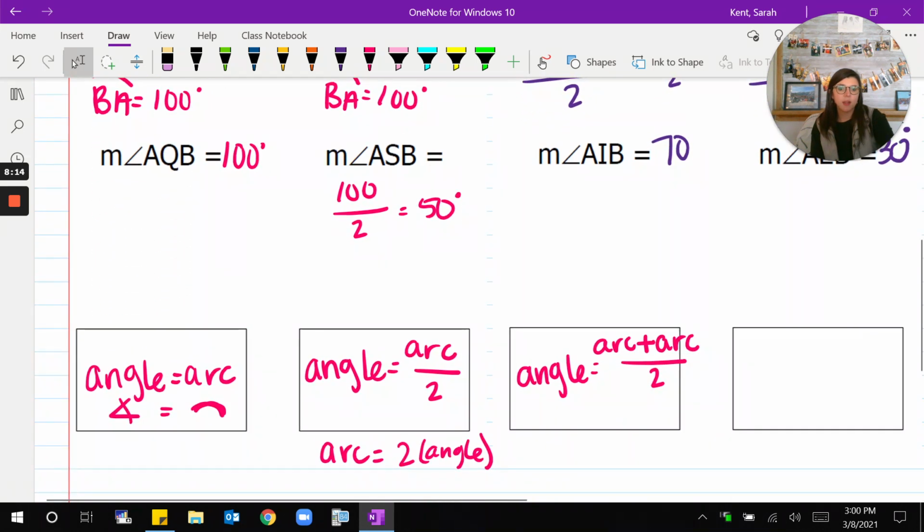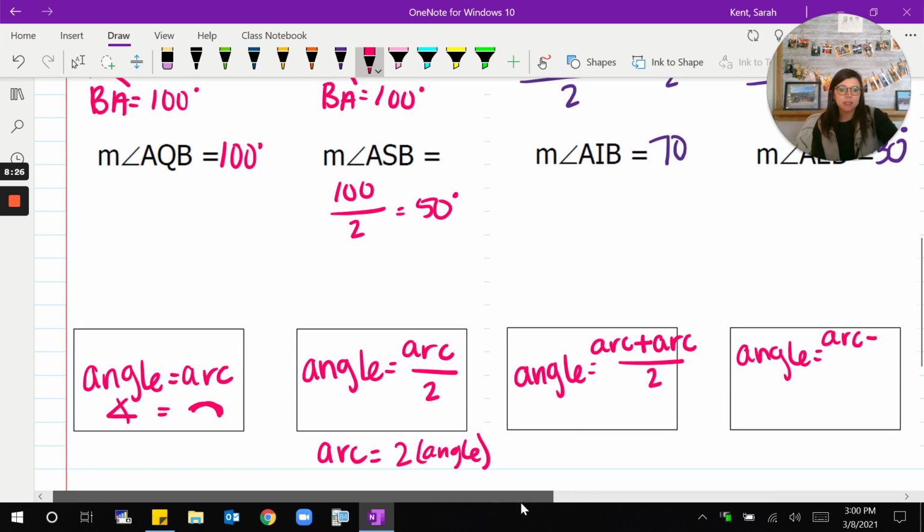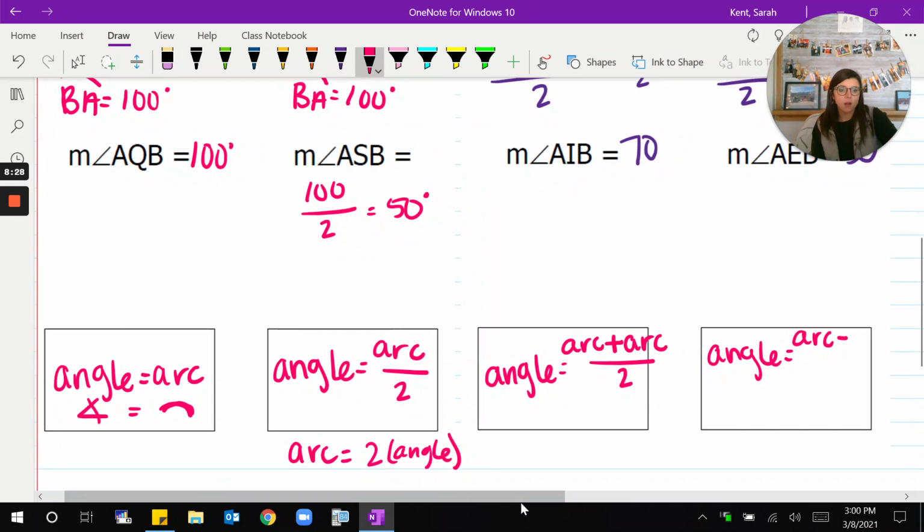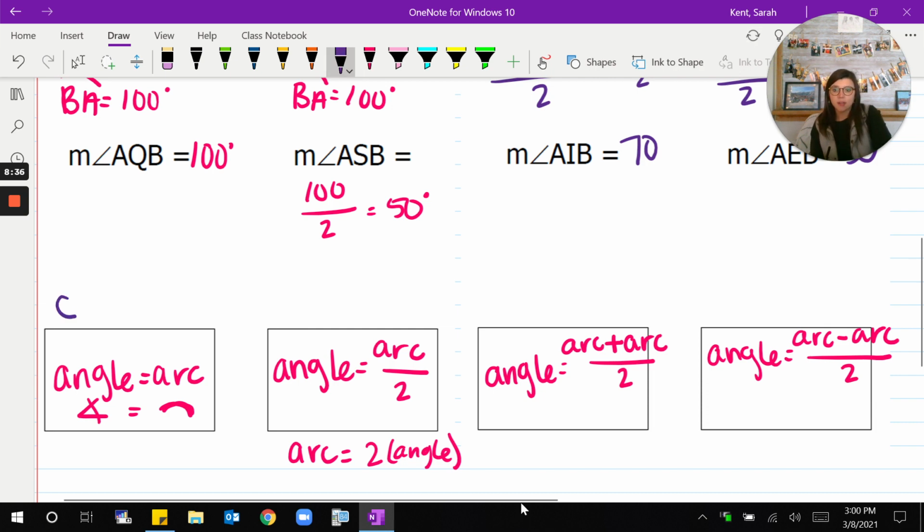All right, so if I go down to write my rule for this last one, this last rule would be angle equals arc minus arc, divided by 2. So I'll write these titles above these. Central angles are the same. Angle equals arc.